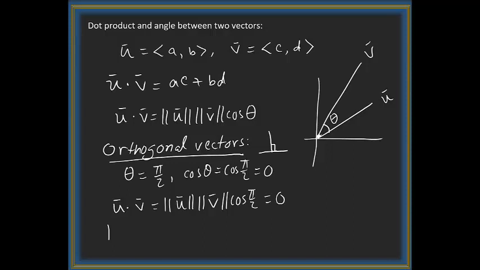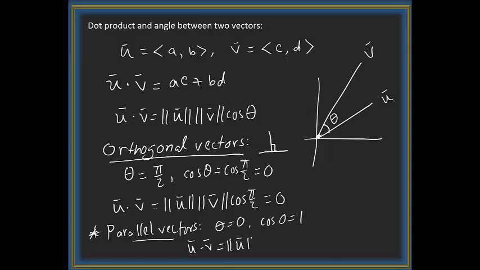Another one is called parallel vectors. For parallel vectors, the angle theta will be 0, and cosine 0 is 1. So for parallel vectors, the dot product U dot V will be the same as the product of their magnitudes, because cosine 0 is 1.